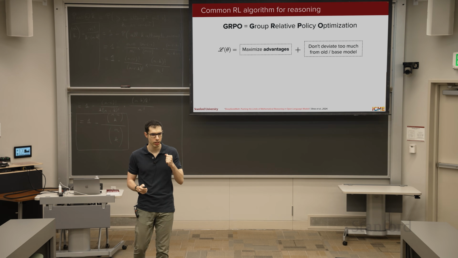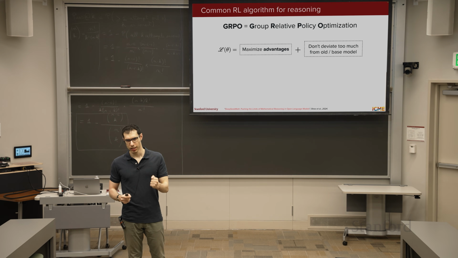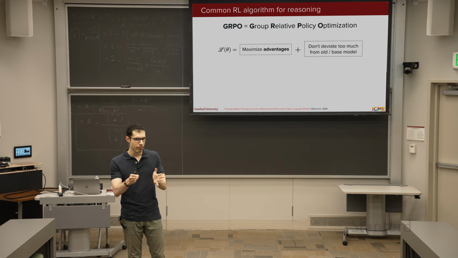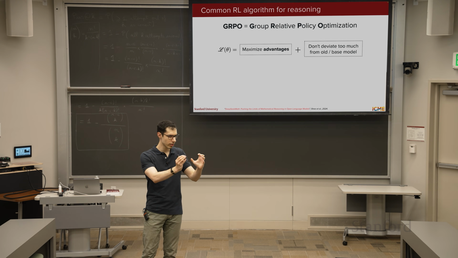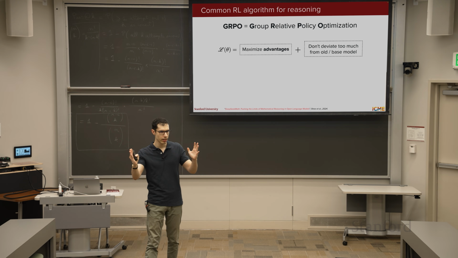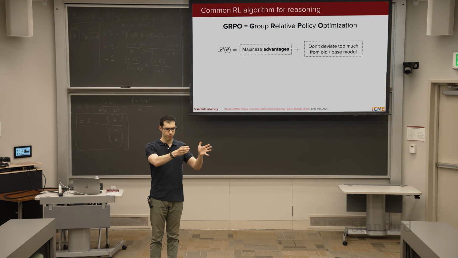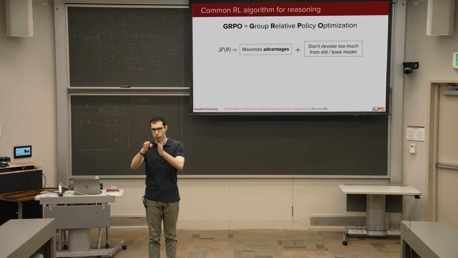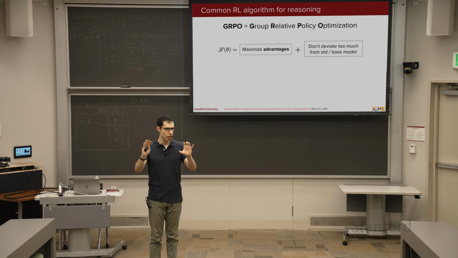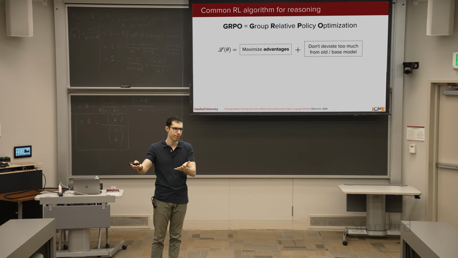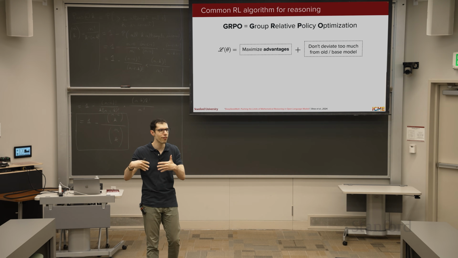If you remember, PPO estimated the advantage by taking the reward, which is at the completion level. You have your prompt, and you have a full response, and based on those two elements, you have a reward. PPO took that into consideration along with something else that it was training jointly, called the value function.